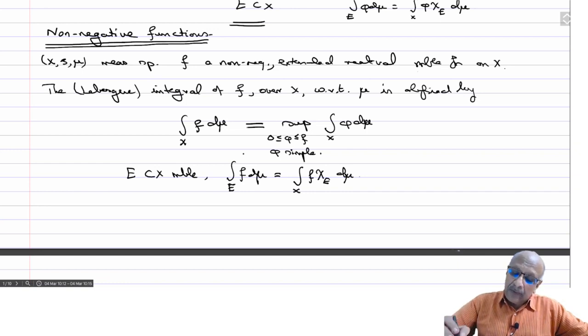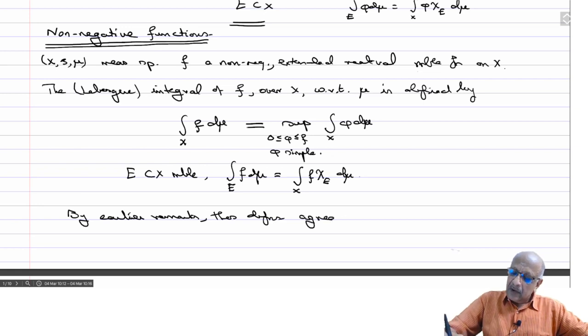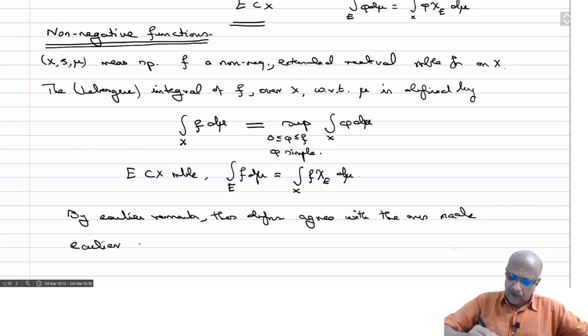Now, by the remarks which we made at the end of the last session, it is clear that if you have two measurable simple functions, one less than the other, then the integrals have the same inequality between them, and therefore by earlier remarks these definitions agree with the ones made earlier for simple functions.